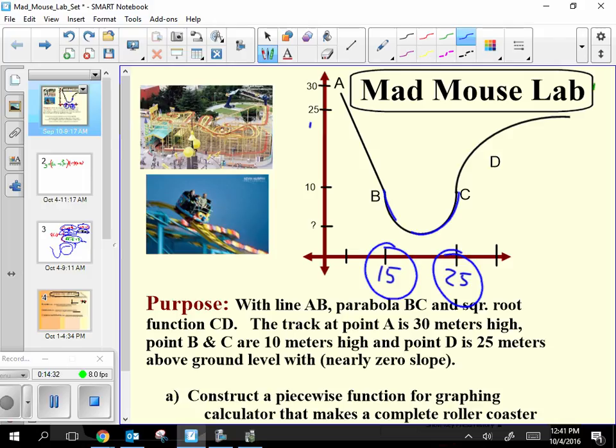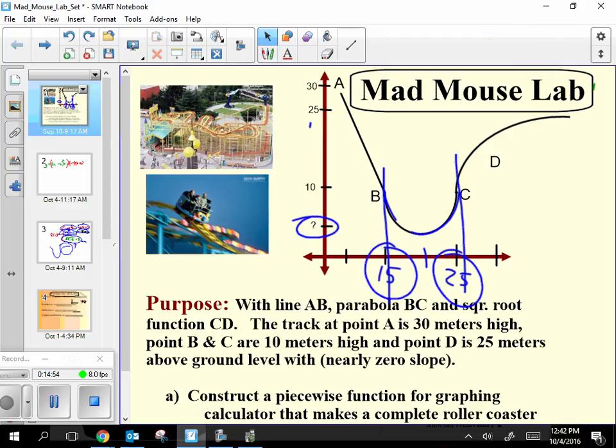Like maybe shift it over 20, and it doesn't say how much you want to shift it up, so you shift it up however much you want. And then cut it off at, let's say, 15 and 25. It's good to get a plan a little bit on paper so that you can then say, okay, where should I shift it? Once you see it on paper, it's not that bad.